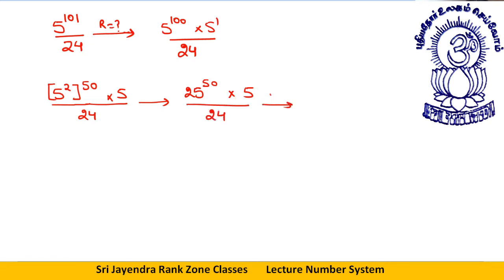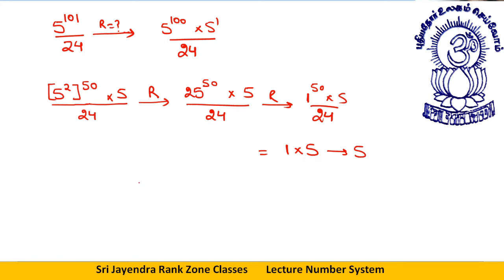Now I can further write it, R stands for the remainder: 25 raised to power 50 divided by 24 will give me a remainder 1. So 1 raised to power 50 into 5 divided by 24. My final remainder will be 1 into 5, so the final remainder will be 5.